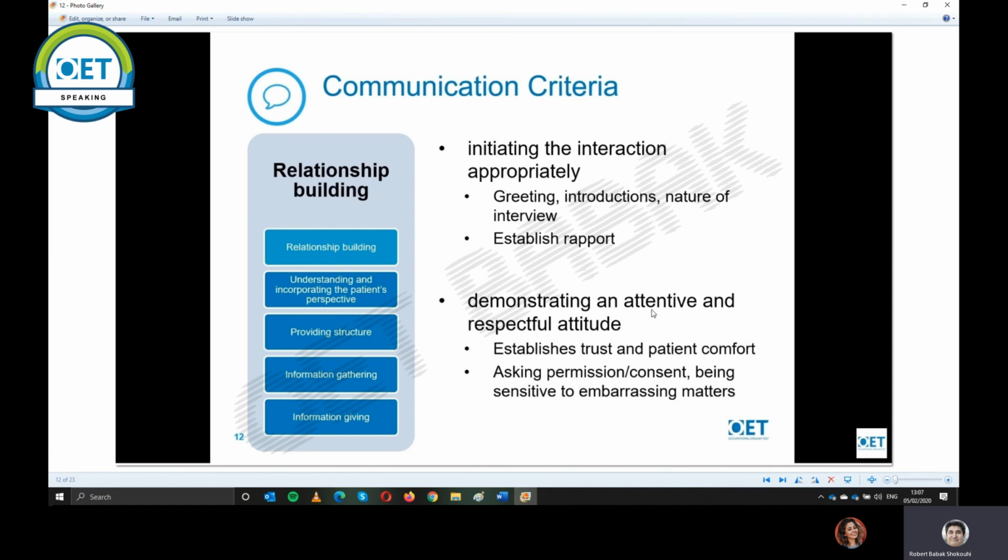So basically, if you listen to the patient well and you are respectful, the patient starts to trust you, and the patient feels comfortable. And then you ask permission or consent, or you are sensitive to embarrassing matters.